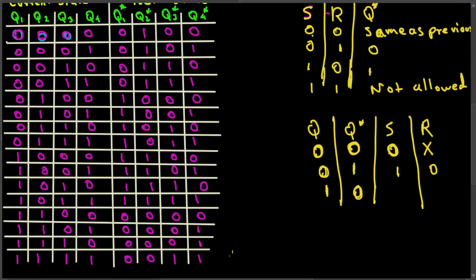S is 0 and R is 0 works, but that's for the previous case. That doesn't work here. But 0 1 works. If you have 0 for S and R is 1, that one will work, right? So that is right here.